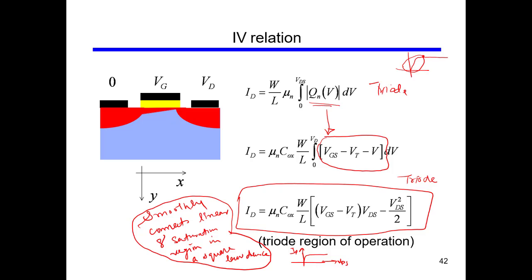This whole region is called the triode region. So basically it is the combination of the linear region plus the region until the pinch off point.